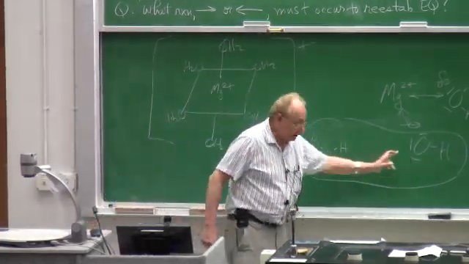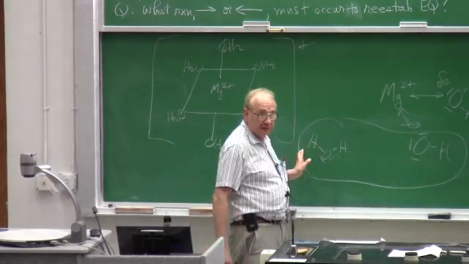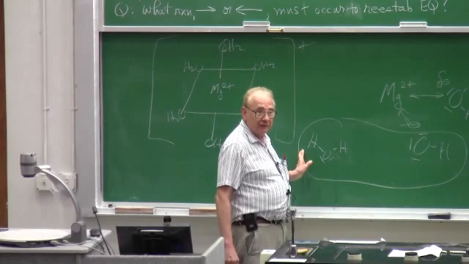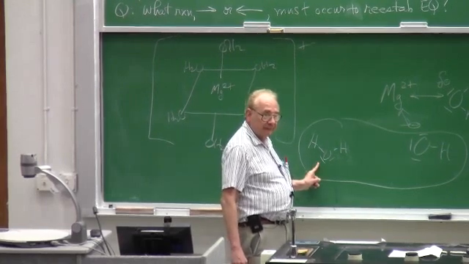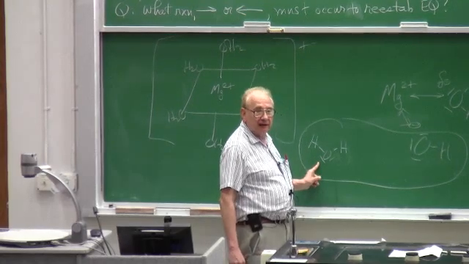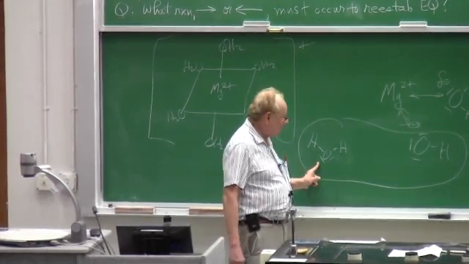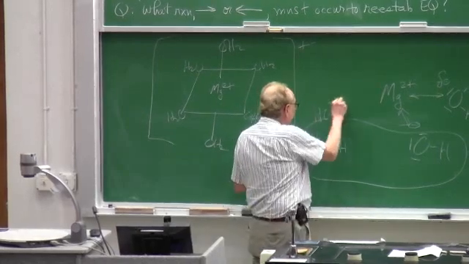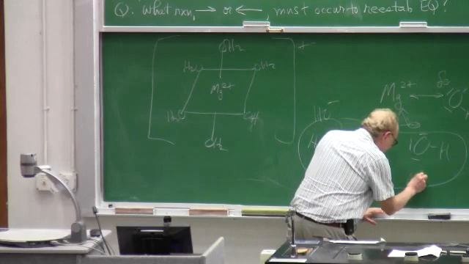To turn this one into this one, I give this H+. Right? We just talked about that. So let's turn the tables around. I want to take H+ from this, and in so doing, I'm going to leave behind a hydroxide ion. If I take H+ from this, I leave behind this. But if I take H+ from this, then I leave behind this.